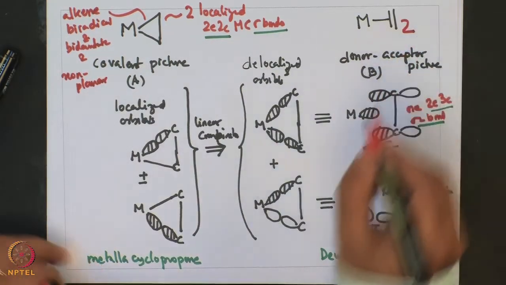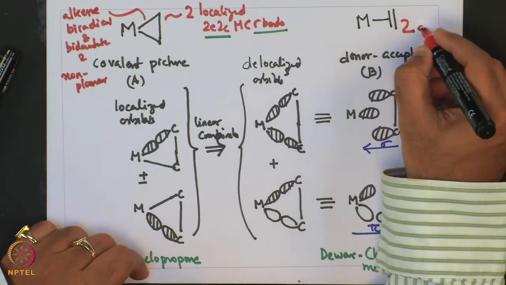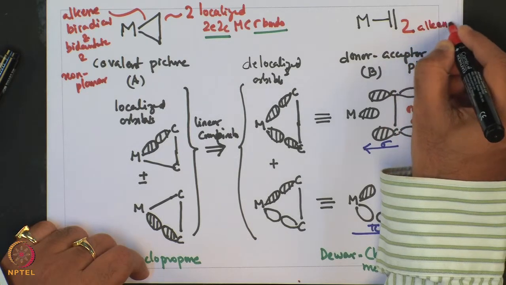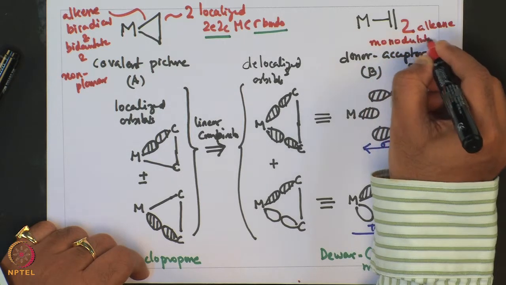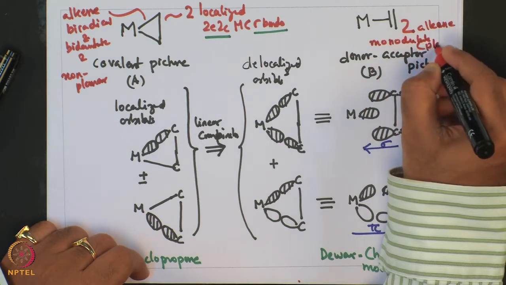Now, in this case the alkene is monodentate and also planar.